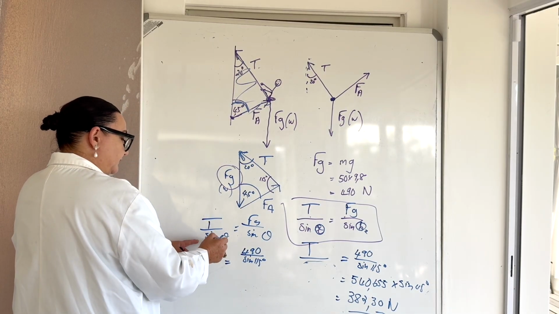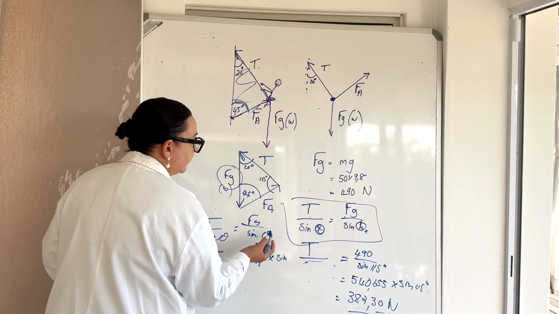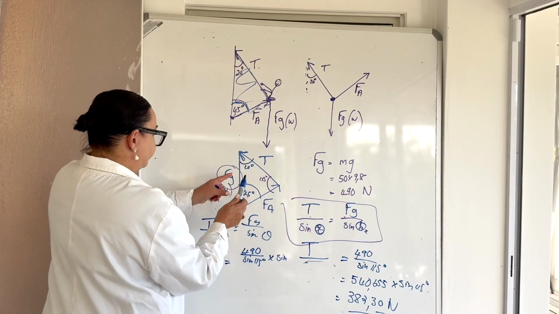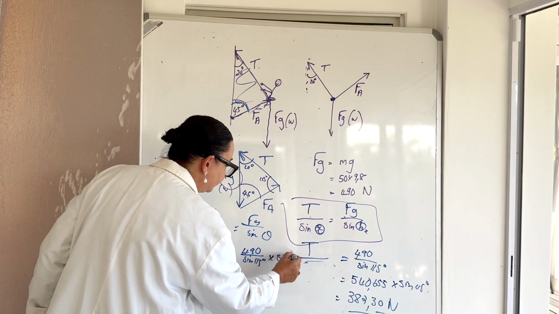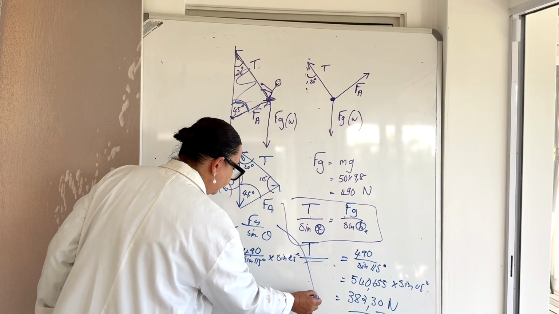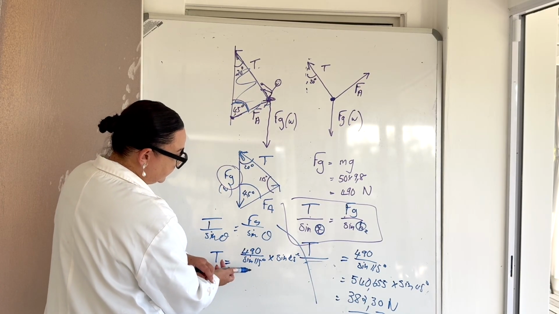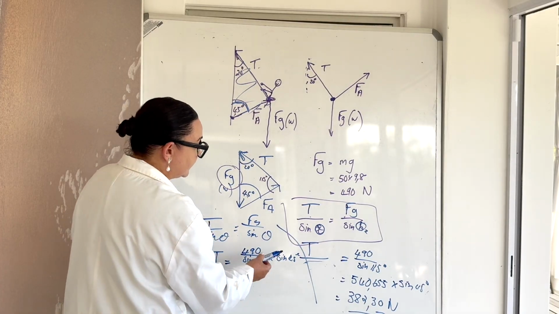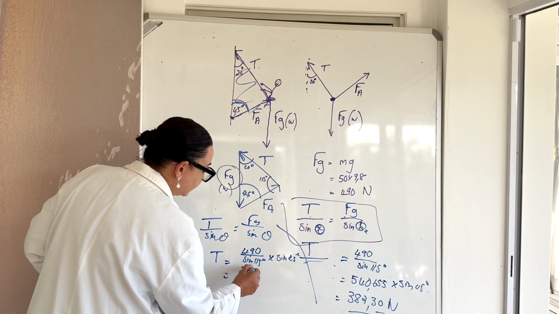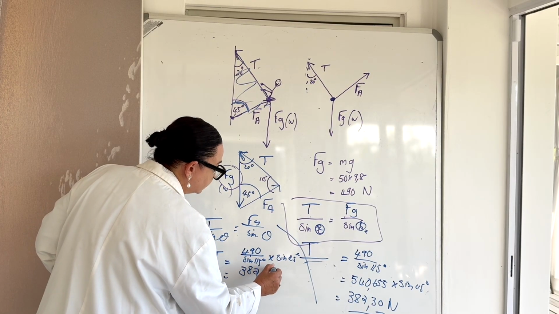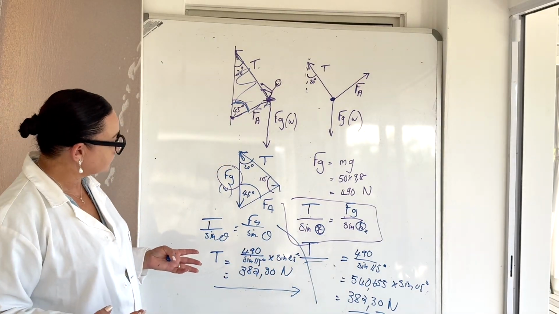I'm going to get rid of this one on this side by saying times sine, and what is the sine across from T? It's 45 degrees. Okay, and I'm going to work that out. So 490 divided by sine 115 times sine 45, and I got to my answer as 382.30 Newton.